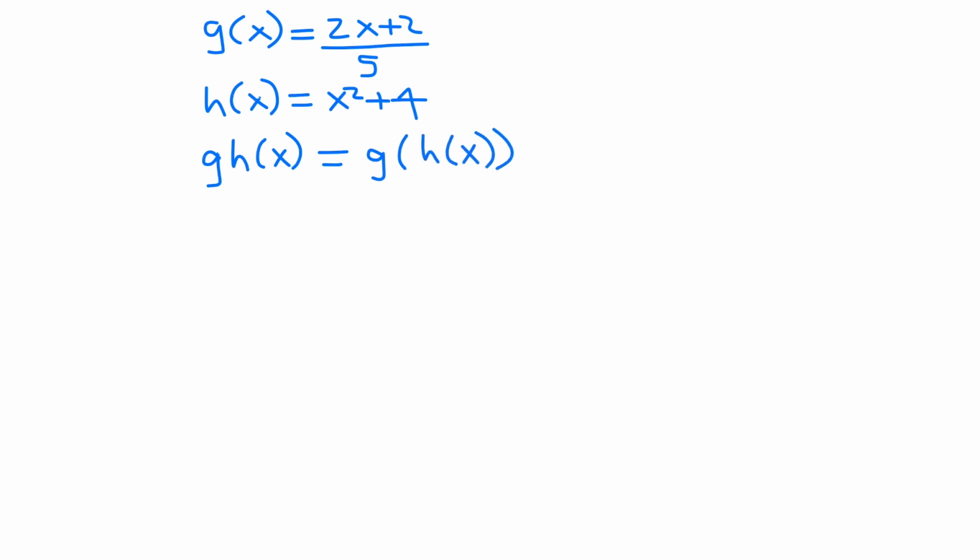So we're evaluating g of x with the input h of x. So hopefully you're starting to get the hang of this a little bit now. So we're going to substitute this value of h of x inside the function g of x. So we're going to evaluate g of x squared plus 4.